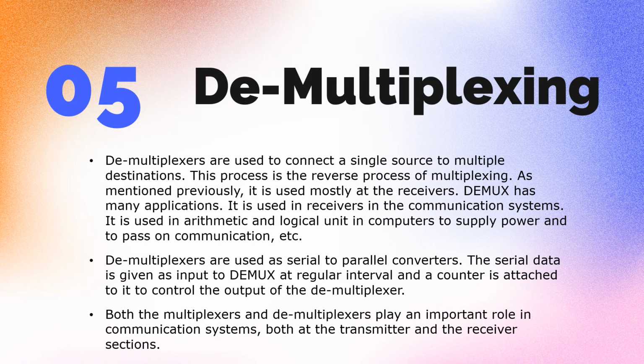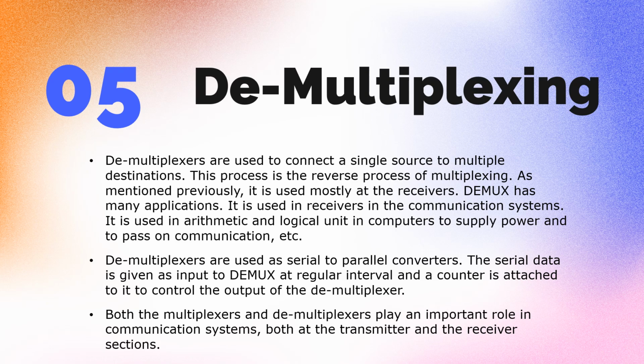And lastly, we have the topic demultiplexing, where we discuss how we receive the signal and then turn it into many channels or many signals. Demultiplexers are used to connect a single source to multiple destinations, as we have discussed earlier. This process is the reverse of multiplexing. As mentioned previously, it is used mostly at the receivers.